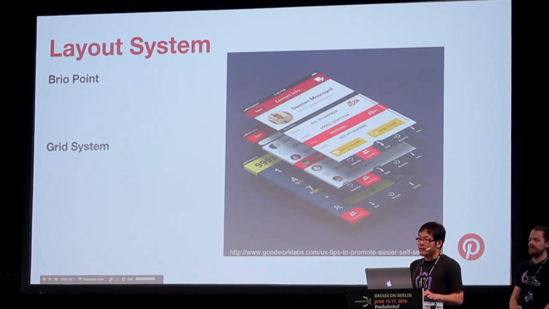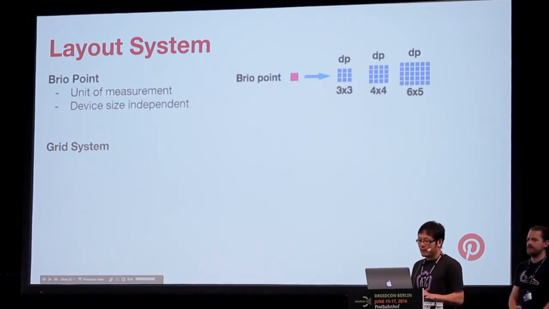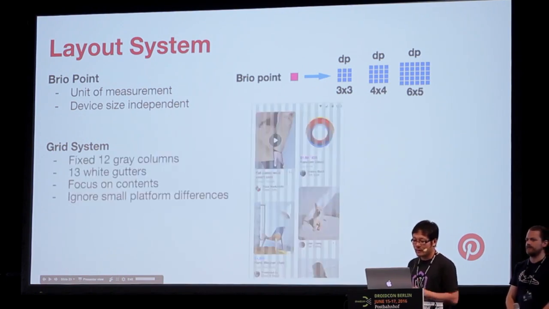We use length units and layout classes to define the relationship of those graphical objects on the screen. Here we create a new unit of measurement called Braille point. This is designed to be independent from device sizes and platforms, because one Braille point will be translated into a different number of DPs on devices with different resolutions.